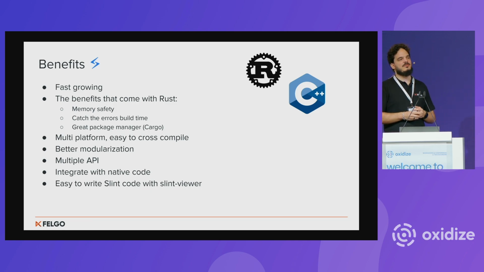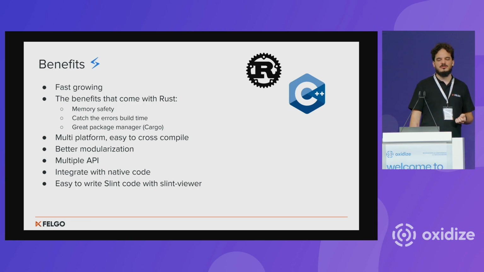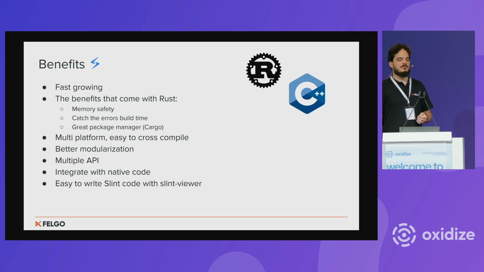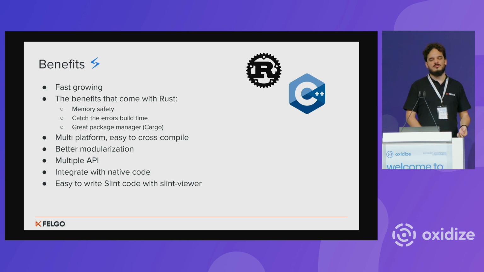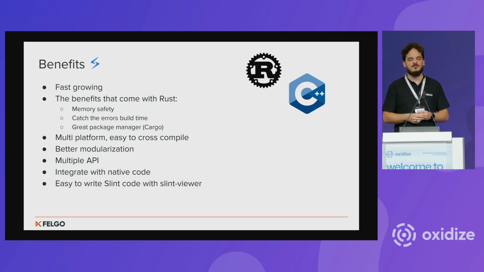You have all the benefits that come with Rust, such as memory safety. You catch the errors at build time, and you have a great package manager, Cargo. It is multi-platform, and it is really easy to cross-compile. Most of you know how easy cross-compiling Rust is.